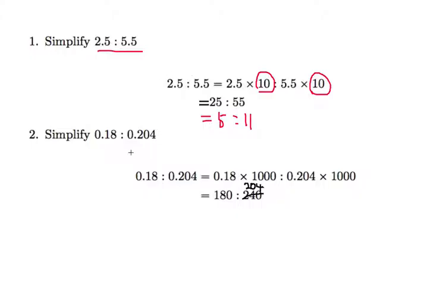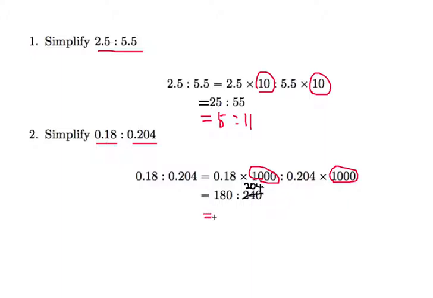Then that's it. Then this, another decimal. So there you see, how do you make it a whole number? You just multiply by 1000, you multiply by another 1000, and then you get this.